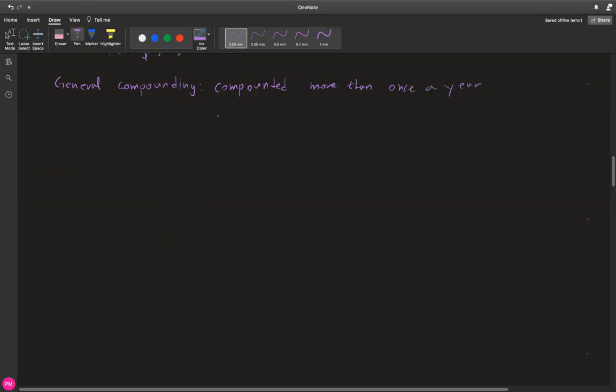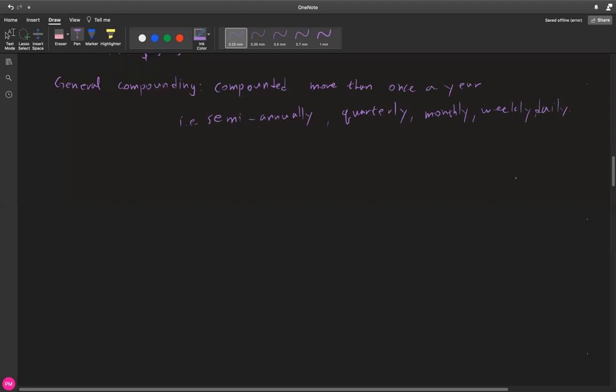So in other words, this could be semi-annually, or it could also be quarterly. It could be monthly. It could be weekly. It could also be daily.